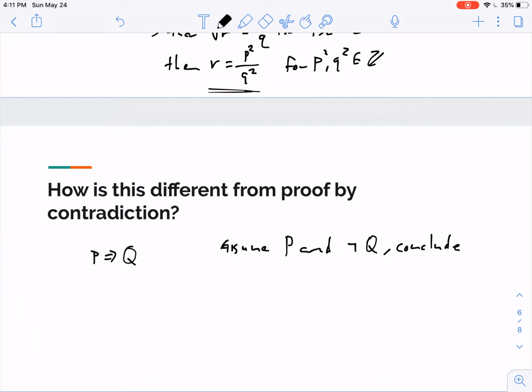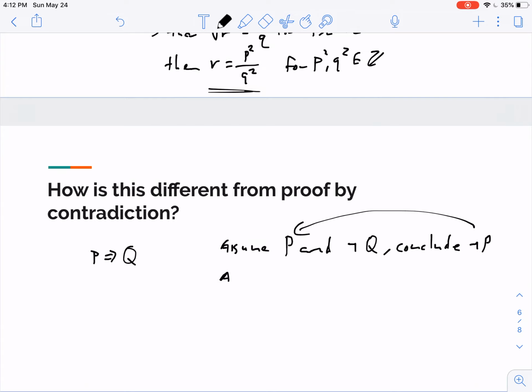Often we conclude not P, and that will contradict P. But that highlights the first difference, which is that you could conclude something that contradicts some other thing, like the pigeonhole principle or something that you know about integers. So that makes contradiction a little bit more of a general technique.